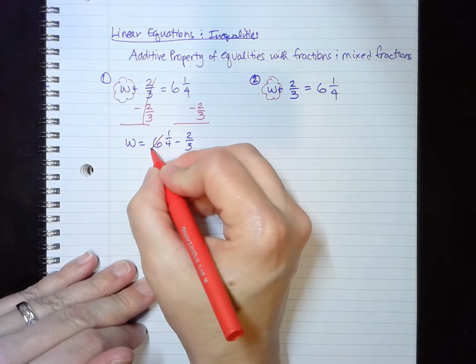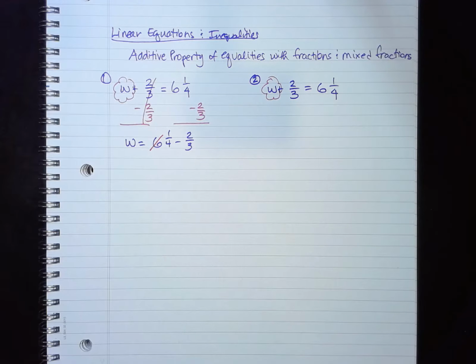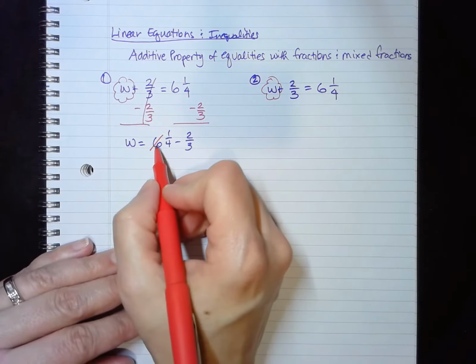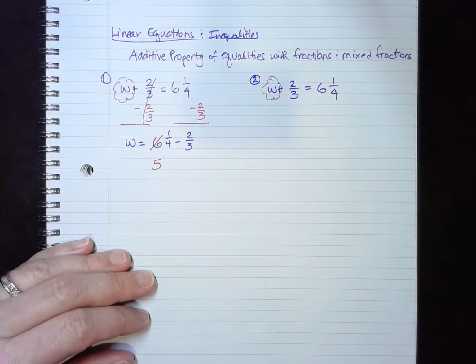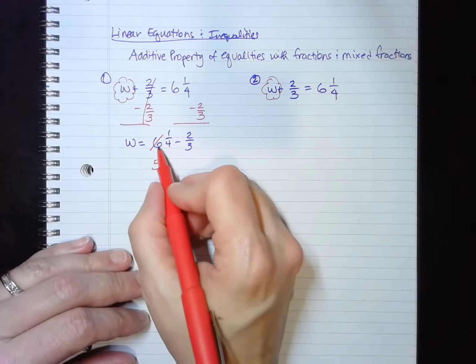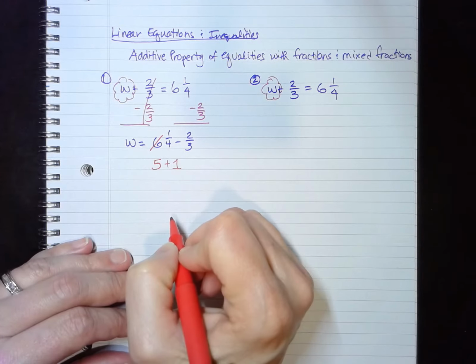You're borrowing 1 from the 6, like when you did subtraction a long time ago in elementary school, when you had to borrow. So I'm borrowing 1 from the 6, and that's going to turn the 6 into a 5. But the 1 that I borrow from the 6, it's a 1, so this is like 5 plus 1.